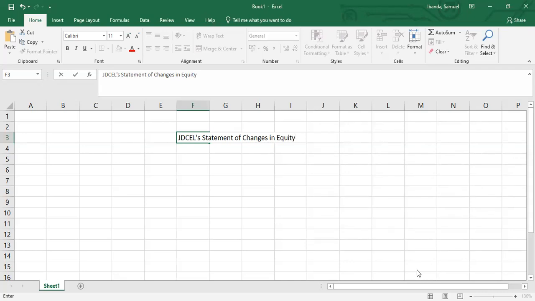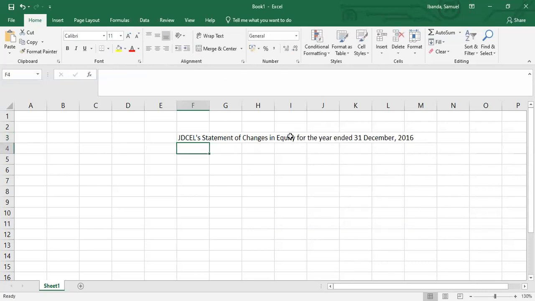We have our statement of changes in equity for the period ended.